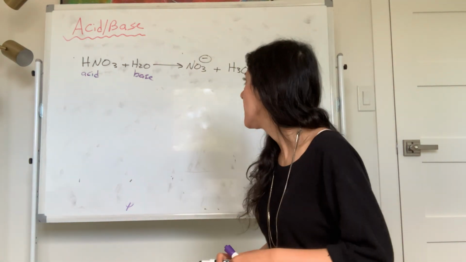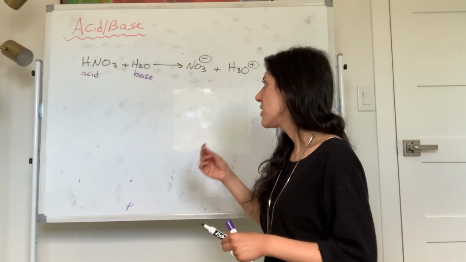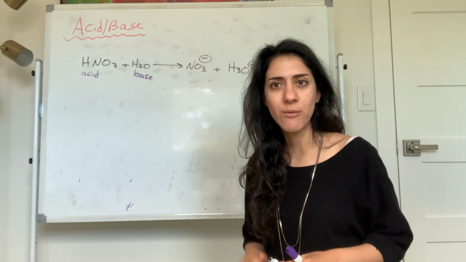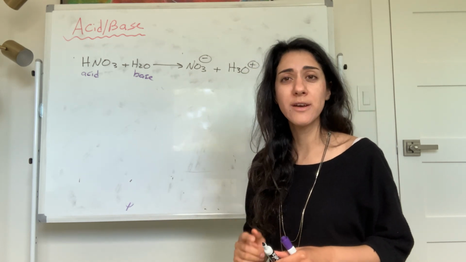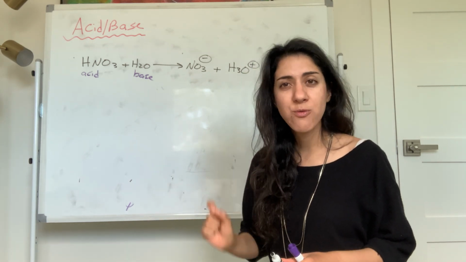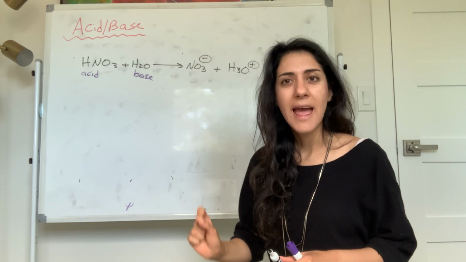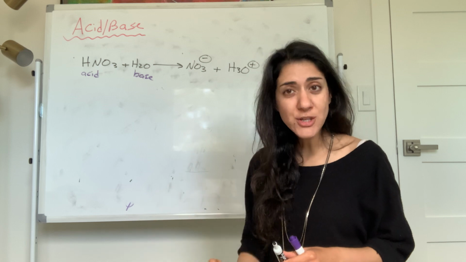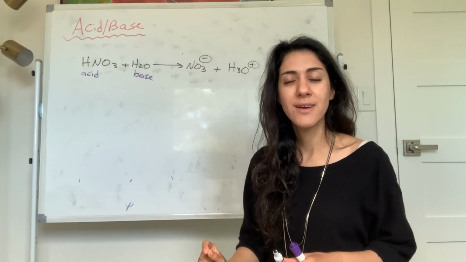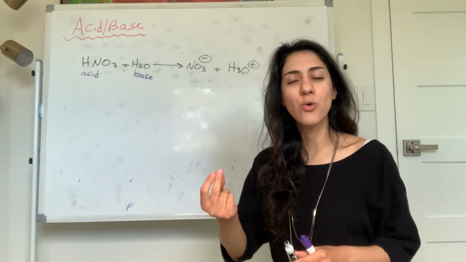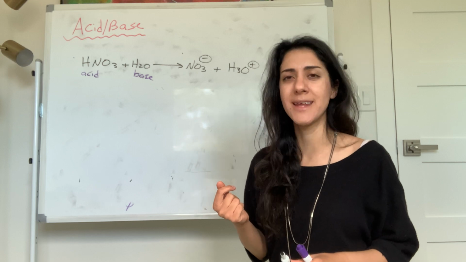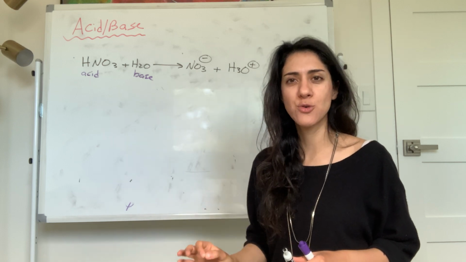Here's what I want you to remember, and I'm going to come back to this in a second too. Every time you have an H plus around, water is going to go and grab it and form hydronium. Okay? So I'm going to repeat this again. Every time you have an H plus floating around, water is going to grab the H plus immediately and form hydronium.